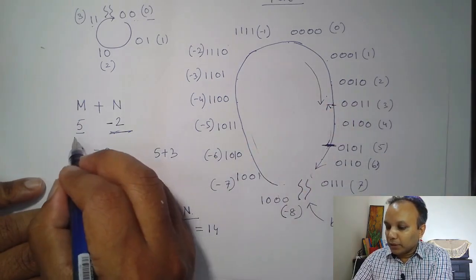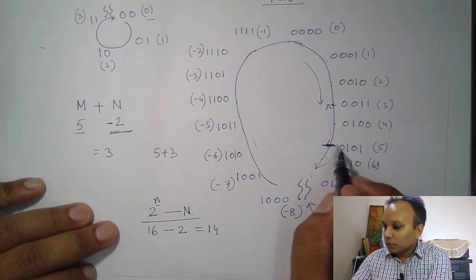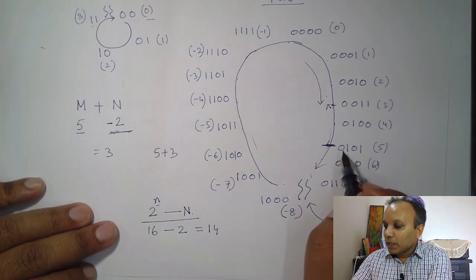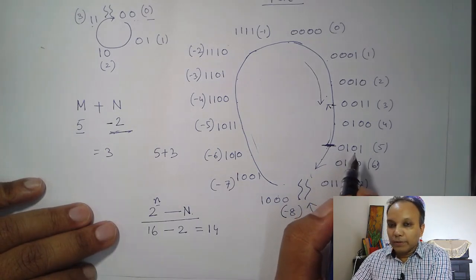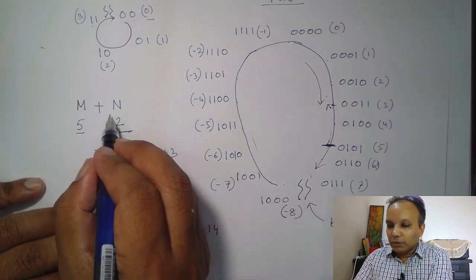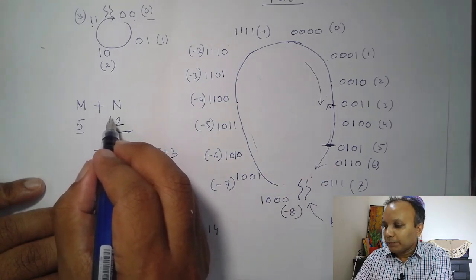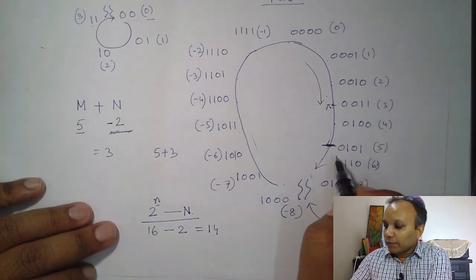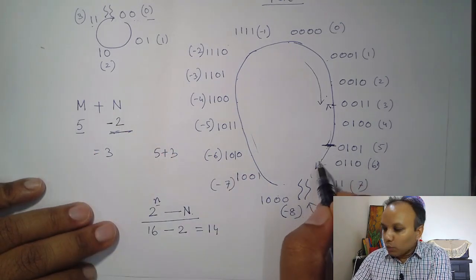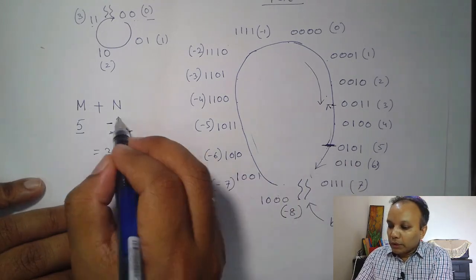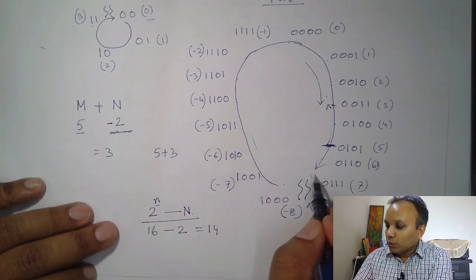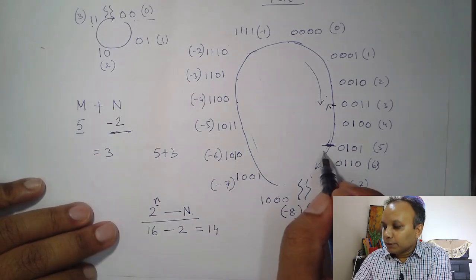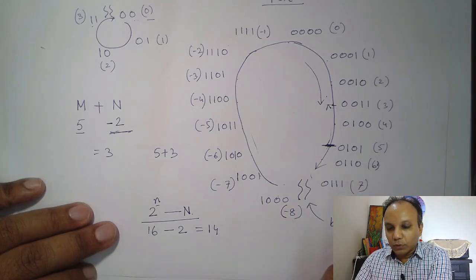In this case it is 5. So this is our m here, and if we need to add n, let us say to start with, n is a positive number, let us say positive 2. In that case we have to move clockwise this many steps to reach our answer, which is 5 plus 2, which is 7.